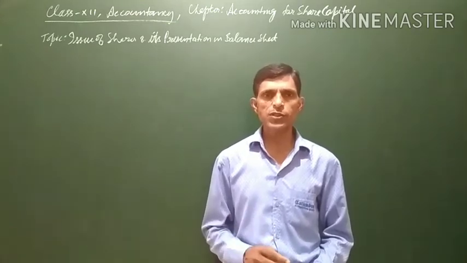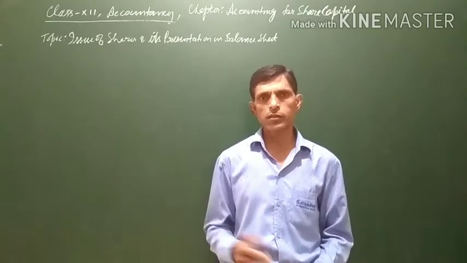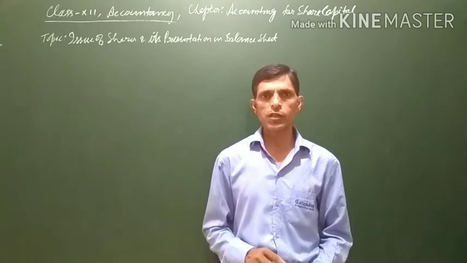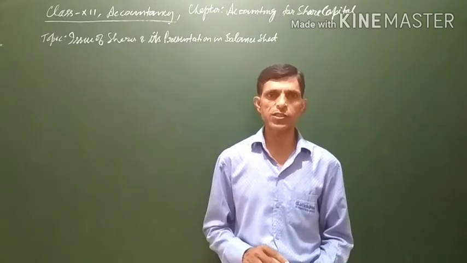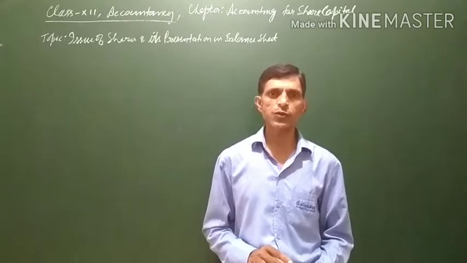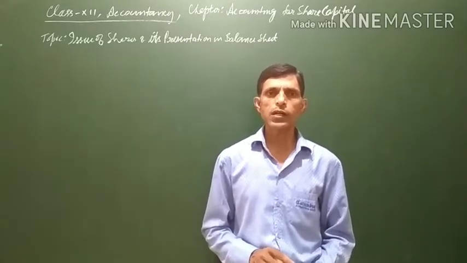Moreover, when shares are issued we will be receiving some cash, so it will also be recorded on the asset side of the balance sheet as cash and cash equivalent. This cash and cash equivalent is part of the current assets of the company.